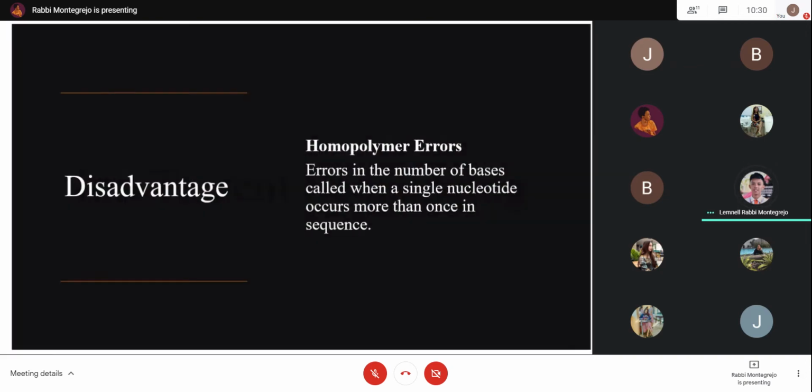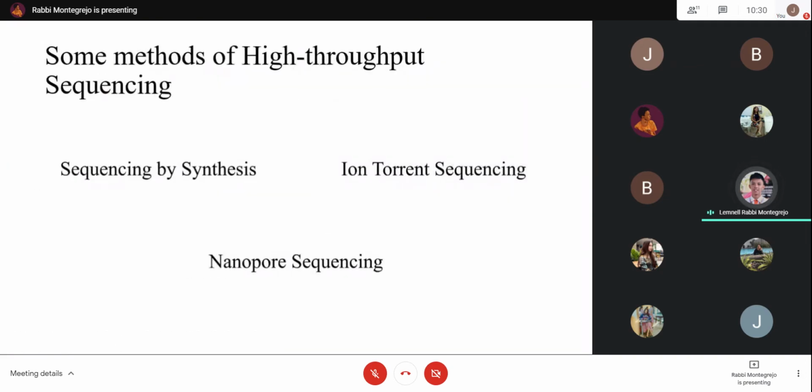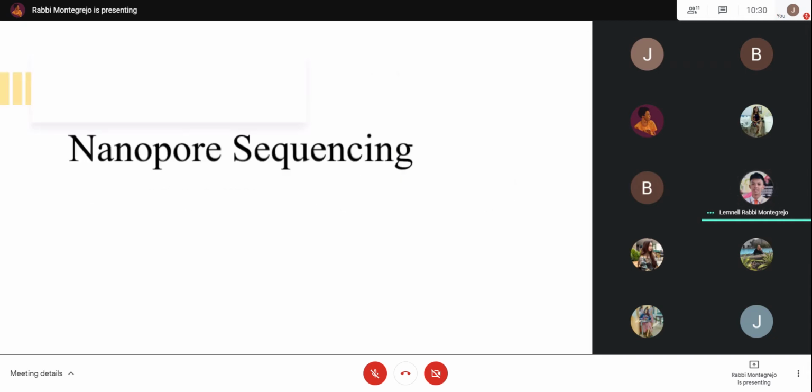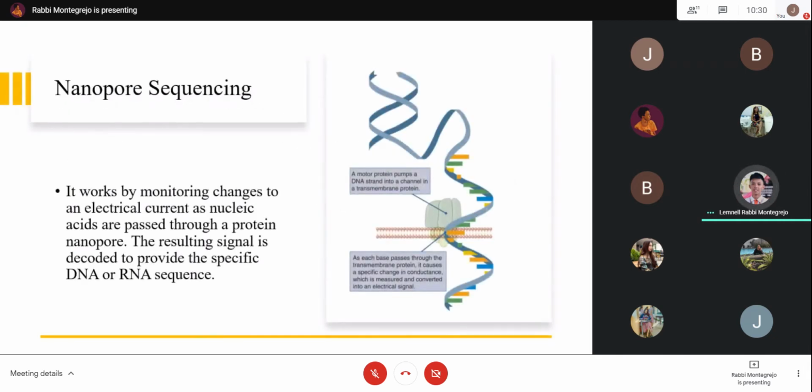So the next method is nanopore sequencing. Nanopore sequencing is a very novel method. If I'm not wrong, it was launched 2 years ago. It involves monitoring changes to an electrical current as nucleic acids are passed through a protein nanopore.